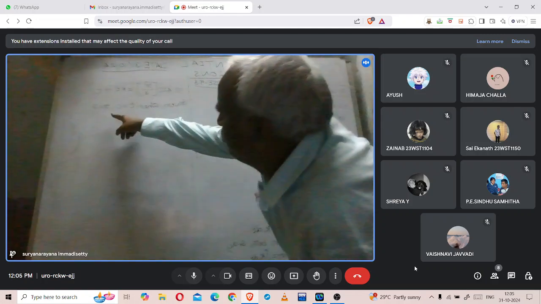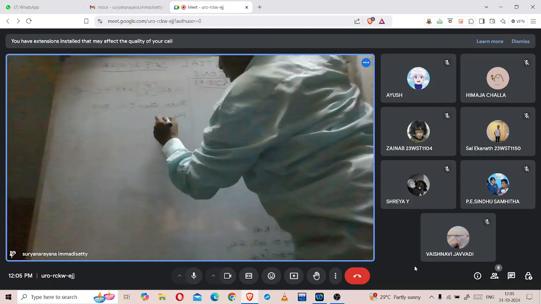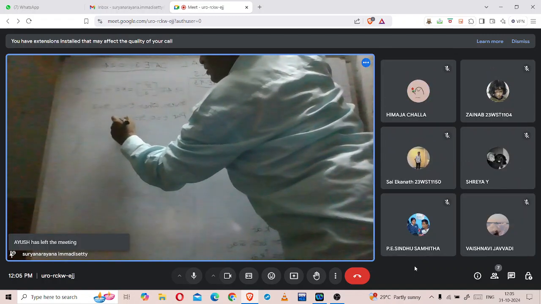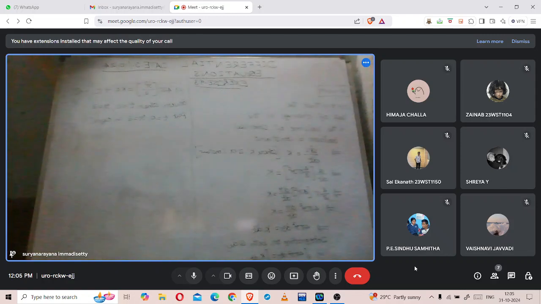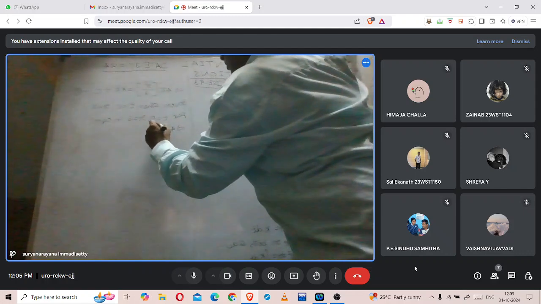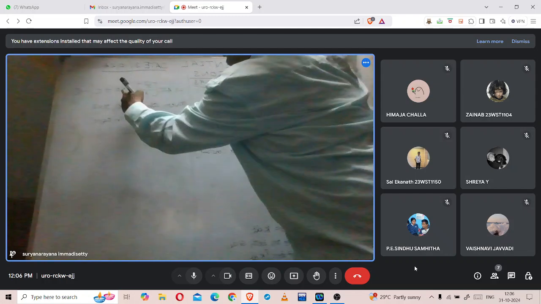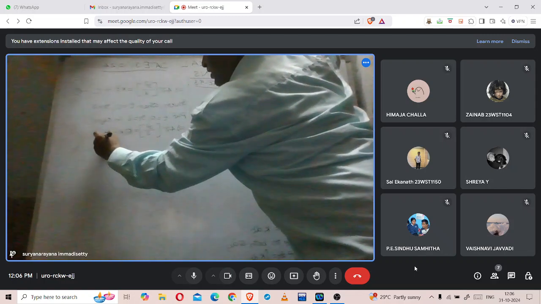Then substitute these two values in equation 1: put t equal to 0 and r equal to 3. What will you get? 4 pi into 3 cube by 3 is equal to 0 into k plus c.